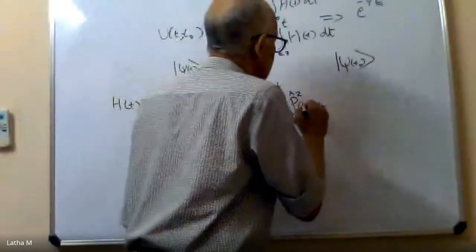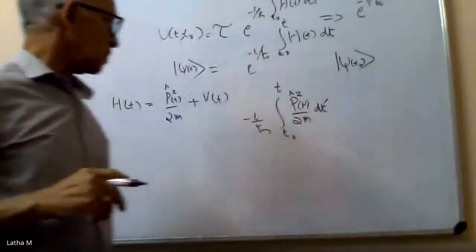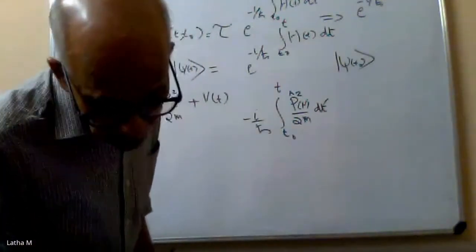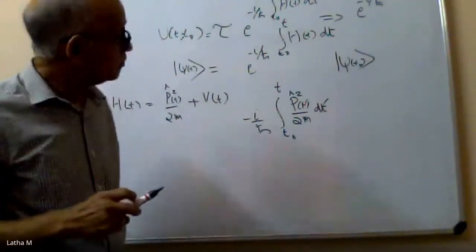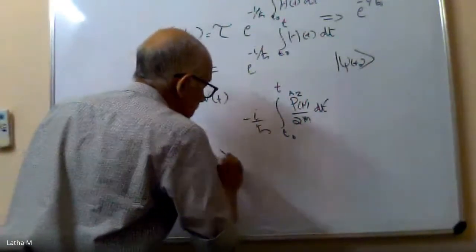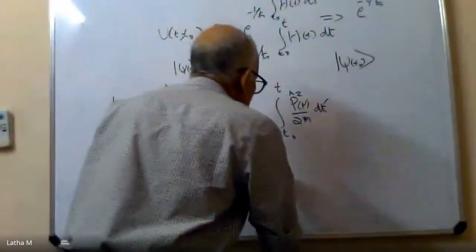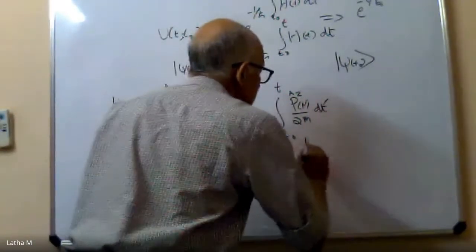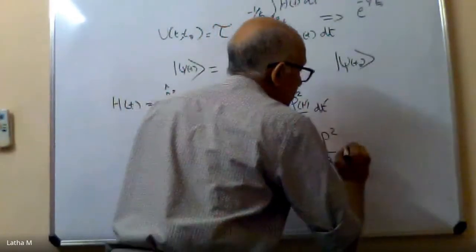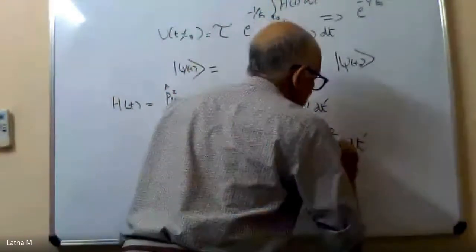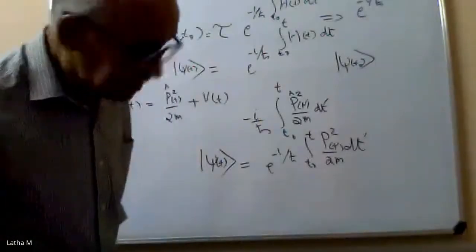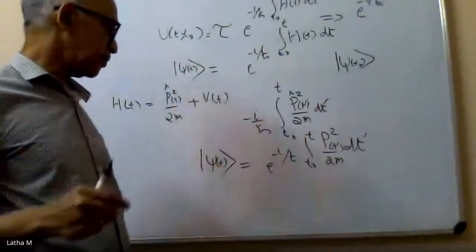Now the state is psi t equal to exponential minus i by h cut P square by 2m (t minus t0) psi t0. That is the basic equation that I am going to use.